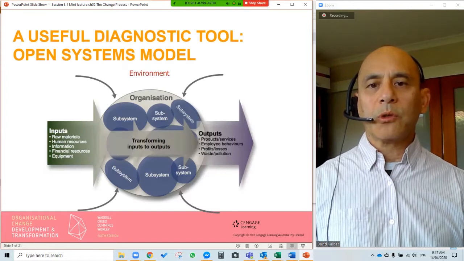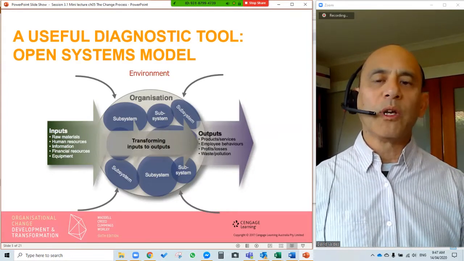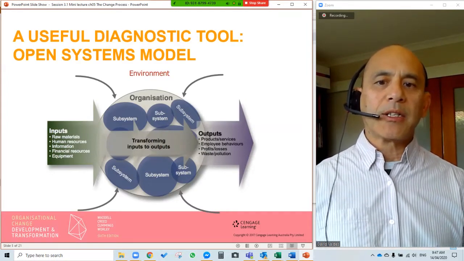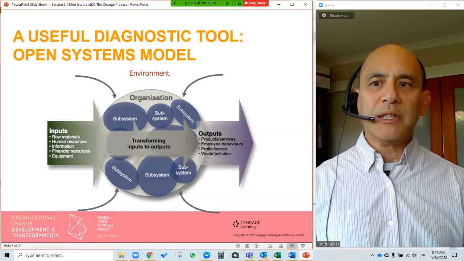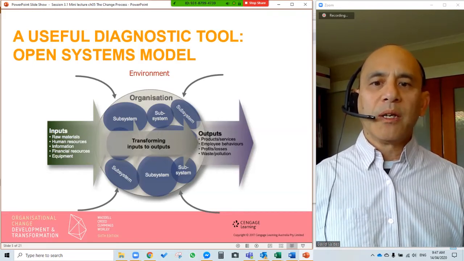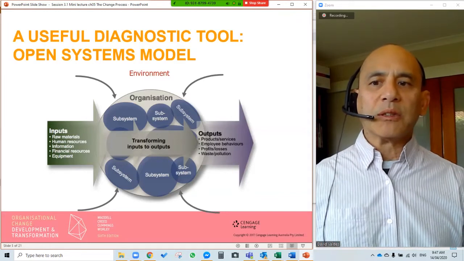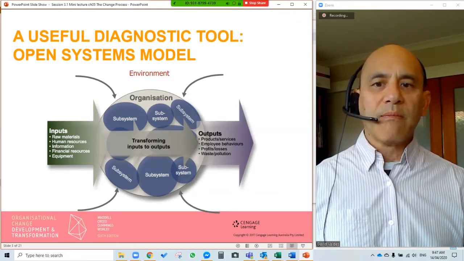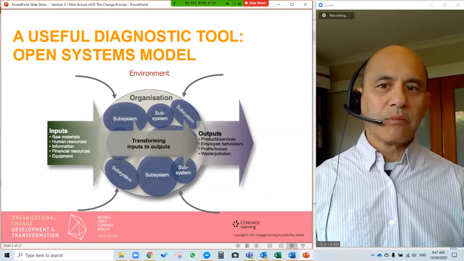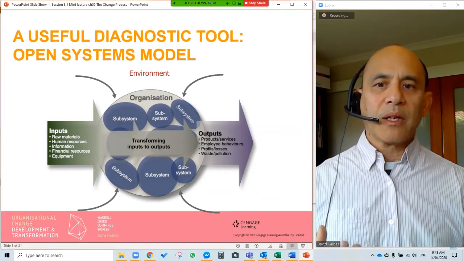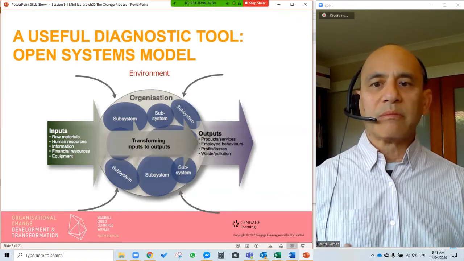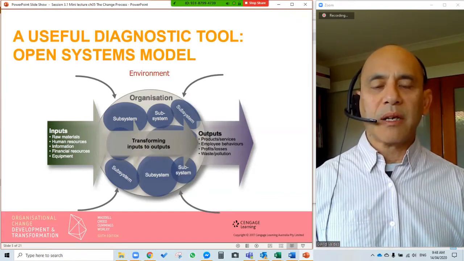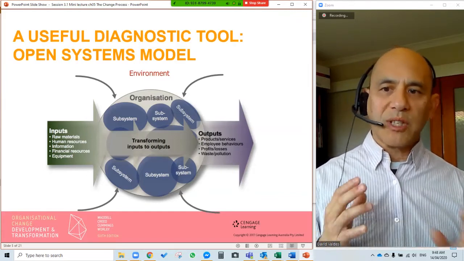Okay. So a good tool to use when you're analyzing a situation is what we call the open systems model. The open systems model is, imagine that an organization is like an organism or a living thing, like a person. And in any person, a person uses inputs.